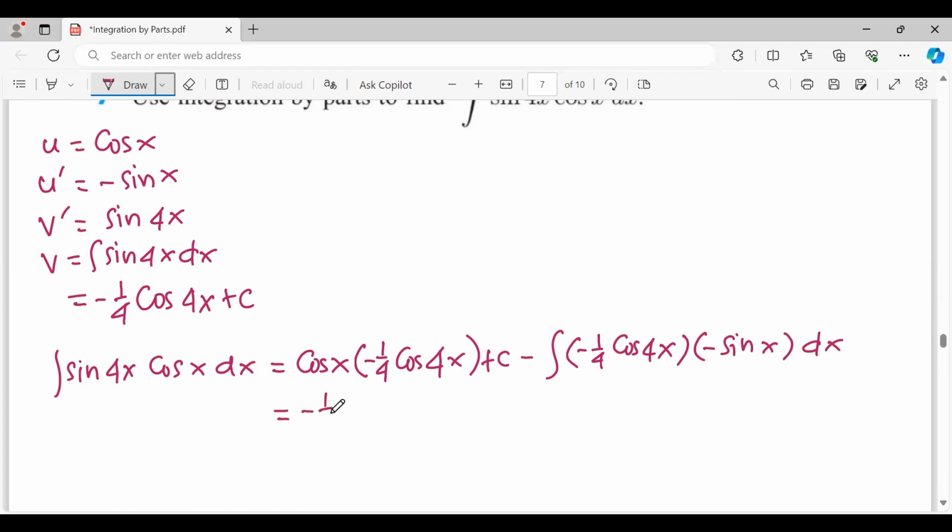It becomes minus a quarter cosine x cosine 4x plus c, positive times negative being negative, minus a quarter integral cosine 4x sine x dx.